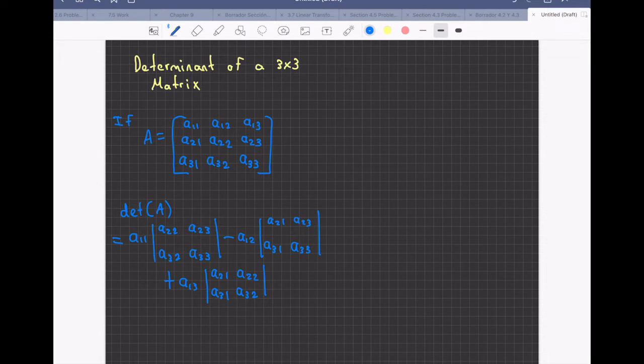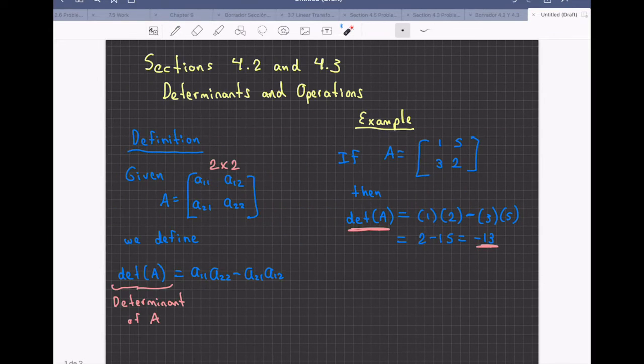Oh, I'm sorry, I forgot to mention the meaning of this. This is the determinant. Another way to represent the determinant is to put the matrix between bars, for example, A11, A12, A21, and A22.